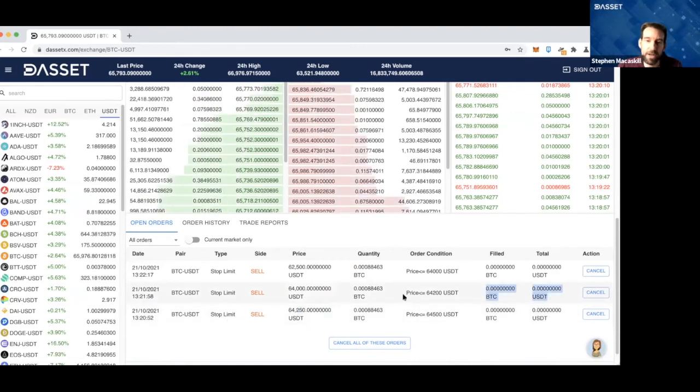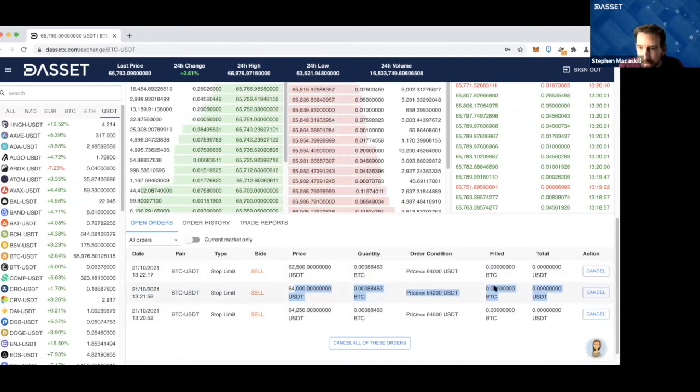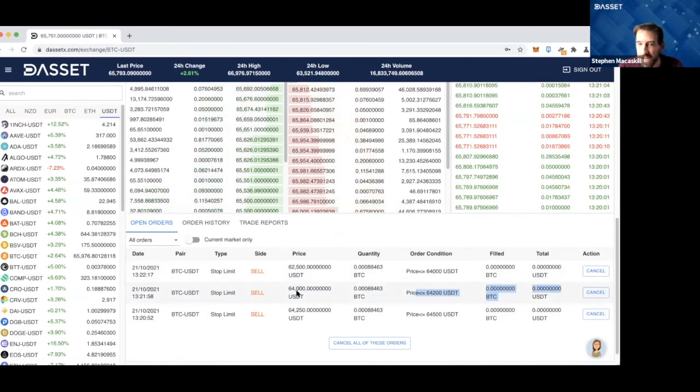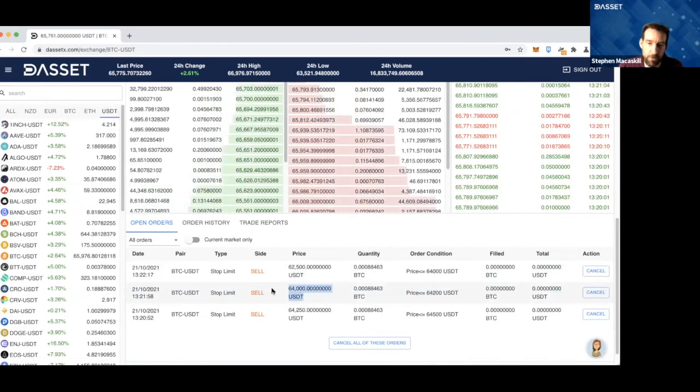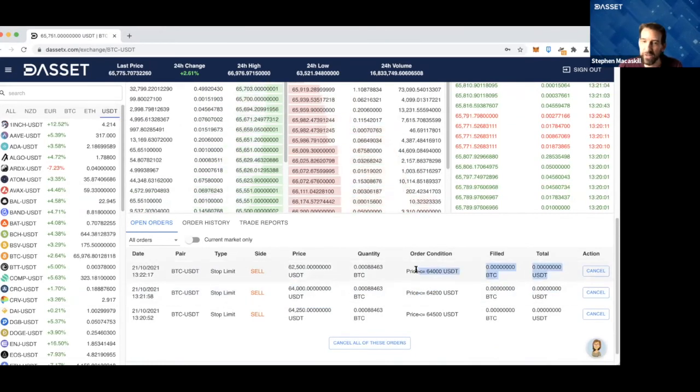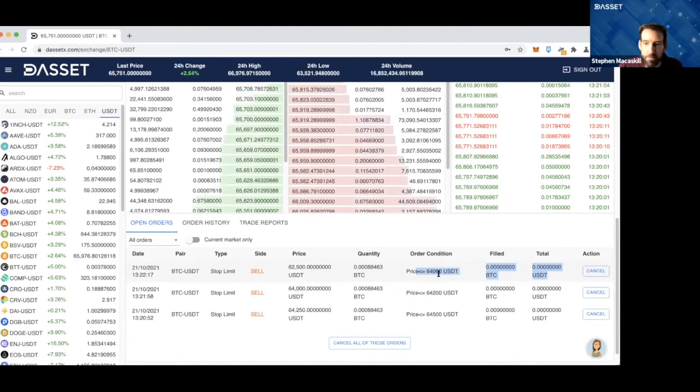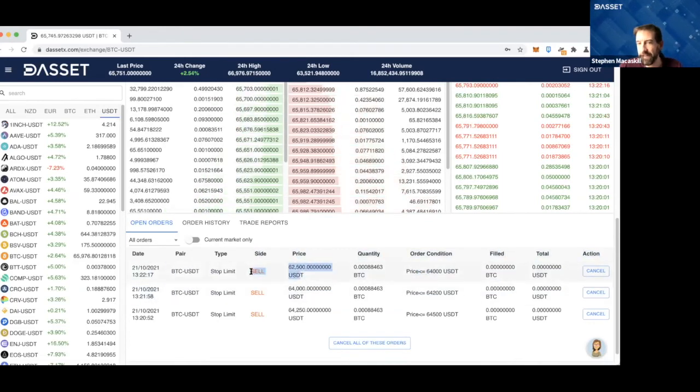If it drops below 64,250, it'll place the order at 64,000. And if it's really dropping like a rocket and the price drops below 64,000, then I'll set the price at 62,500.